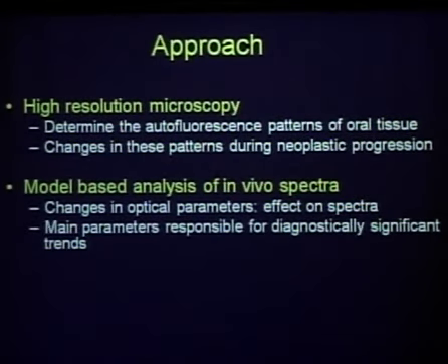We have just concluded a series of studies to look specifically at what happens in the oral mucosa with the development of dysplasia and cancer. And we took two approaches to understand biologically what's responsible for these differences.